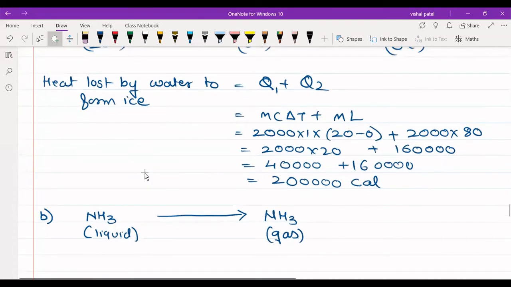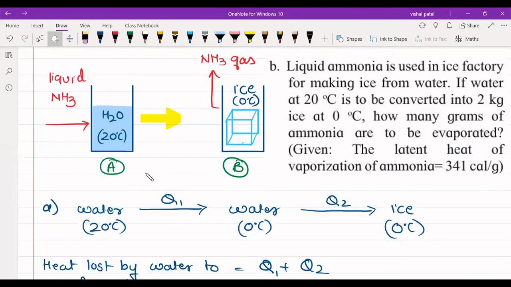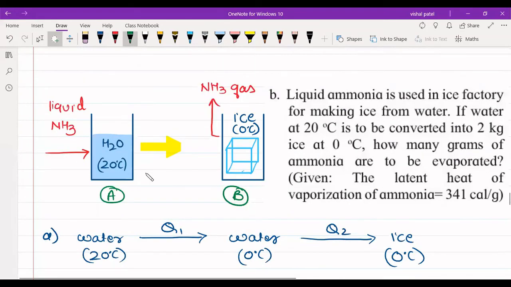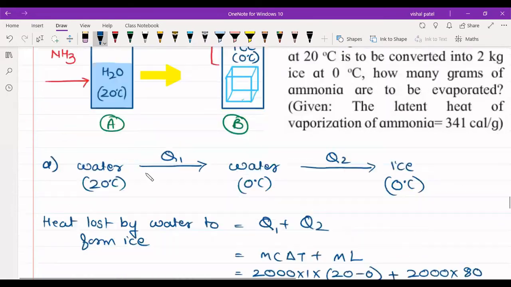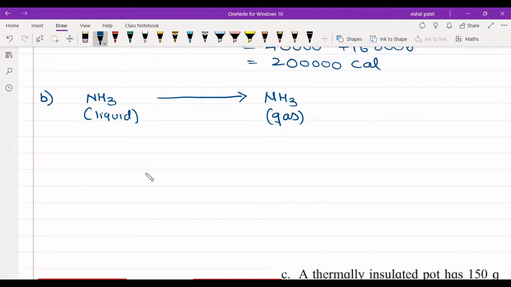Same thing, students. First I saw what happened to water. Now what happened to ammonia, students? Liquid ammonia got converted to gaseous ammonia. Yes, liquid is getting converted to gas at the same temperature. So what I'm writing over here, heat lost by ammonia, because ammonia is used to cool.